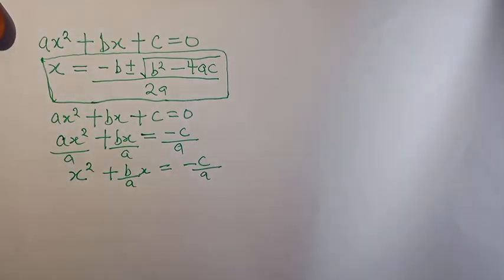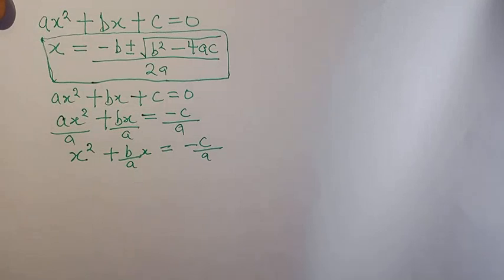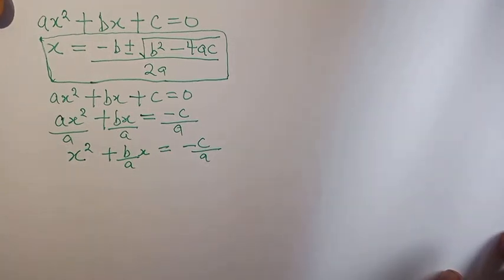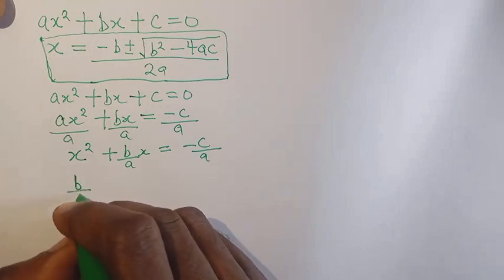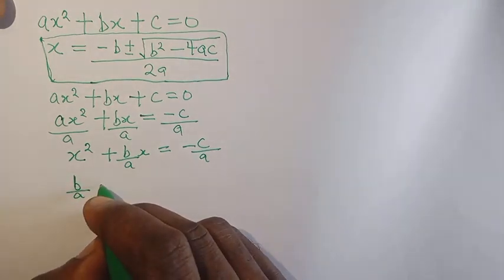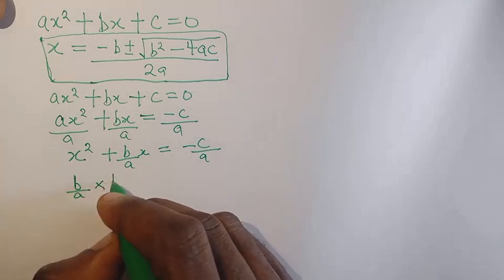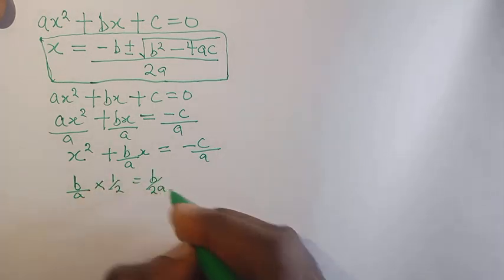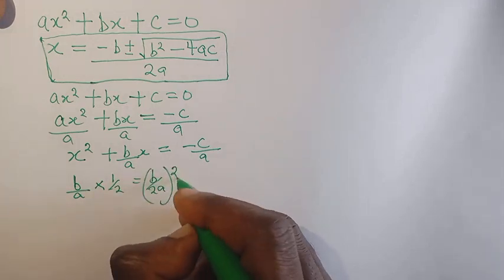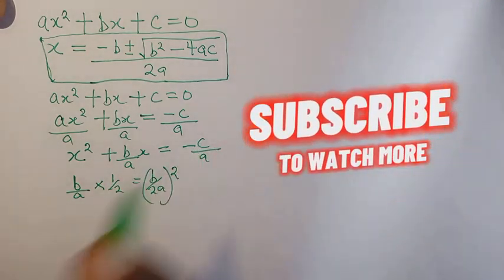So at the end of the day, the next step is to add the square of half of the coefficient of x. Remember, I'll take it again. Adding the square of half of the coefficient of x. So what is the coefficient of x? b over a. What is half of it? Half of it is simply multiplied by half, and that's going to give me b over 2a. So we're taking the square of it, so we're adding this term to both sides.